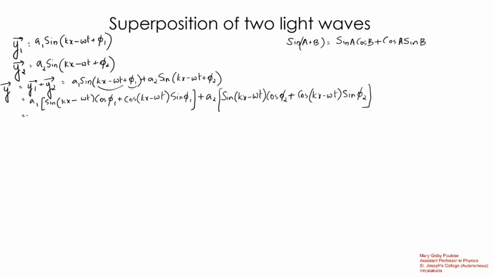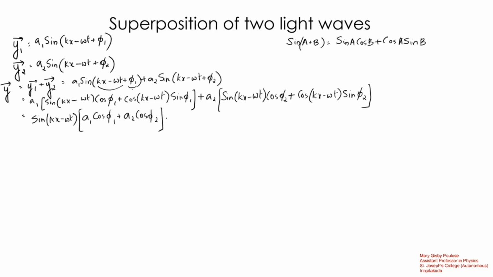In this expansion we can see that we have similar terms of sine of kx minus omega t and cos of kx minus omega t. Taking those terms together, sine of kx minus omega t is multiplied by the remaining term a1 cos phi 1 plus a2 cos phi 2.